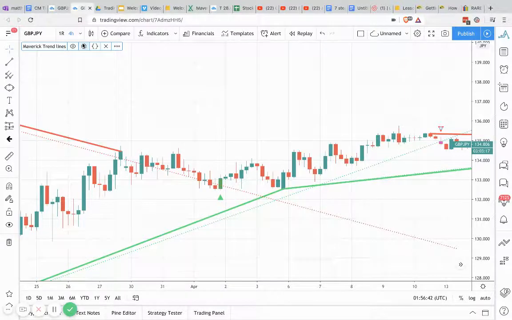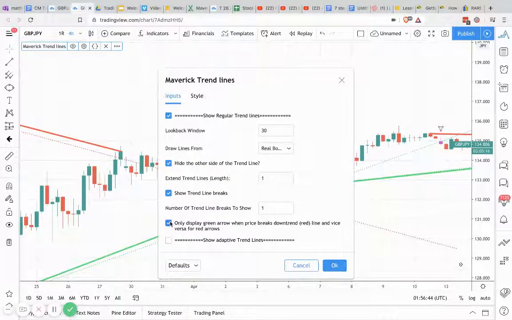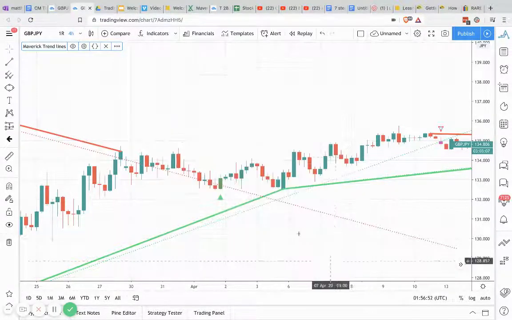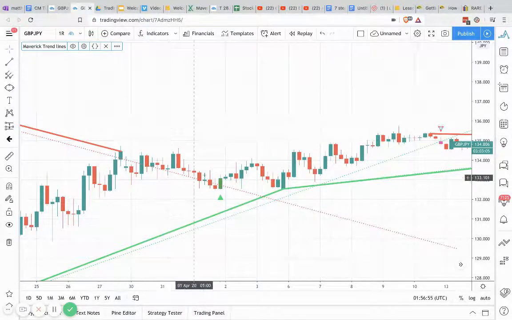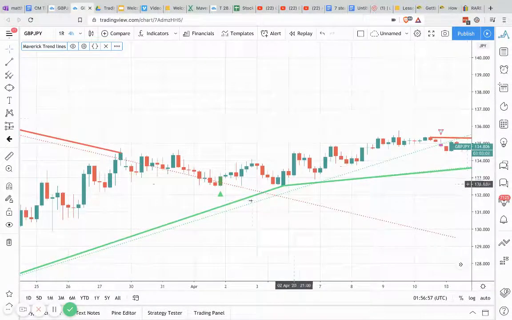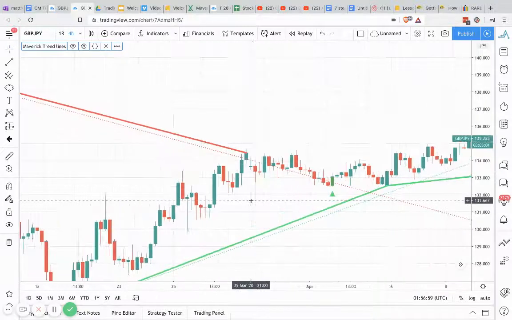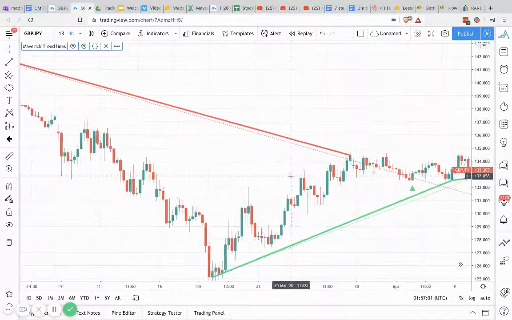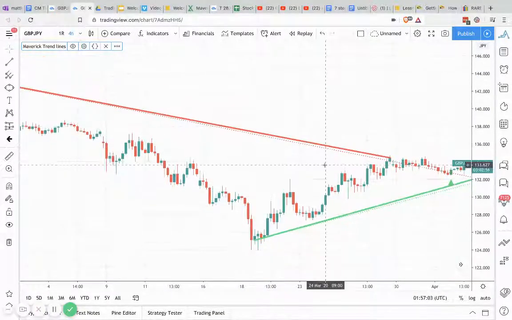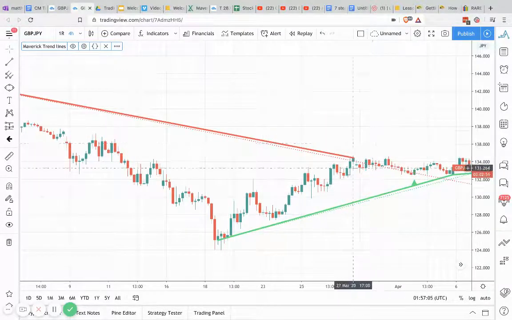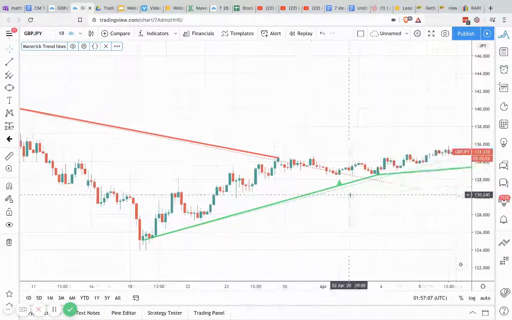So if we uncheck this, what it'll actually do is display a green arrow when the price breaks an uptrend line as well as a downtrend line. So both lines. Let me talk about the high level overview of this for a second. Generally speaking, we only really care when price has broken above a downtrend line or when it's broken below an uptrend line.